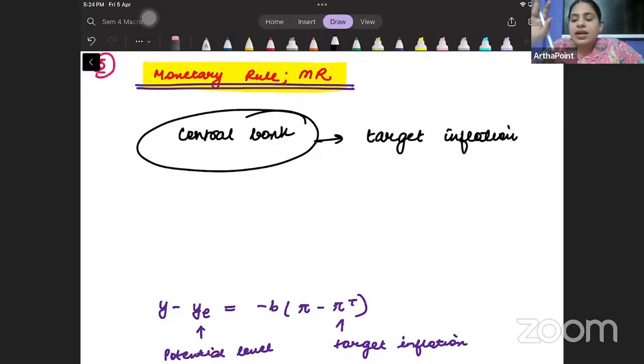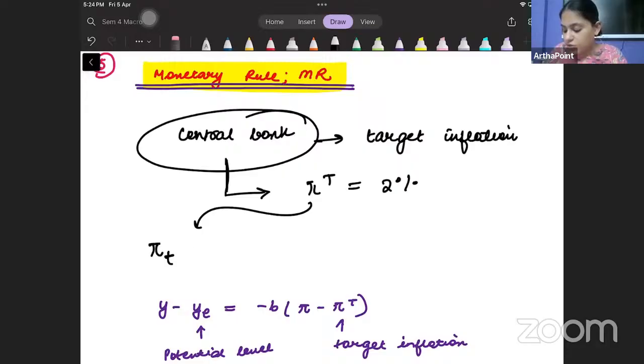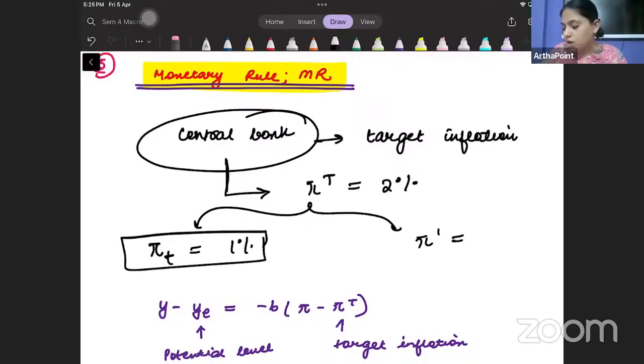Every central bank has a target inflation, that I want to keep my inflation at 2%, or 3%, or 10%. They have a target inflation. In the economy, the actual inflation in reality can be away from the target inflation. For example, if my target inflation is 2%, it is possible that your actual inflation was 1% or 3%.